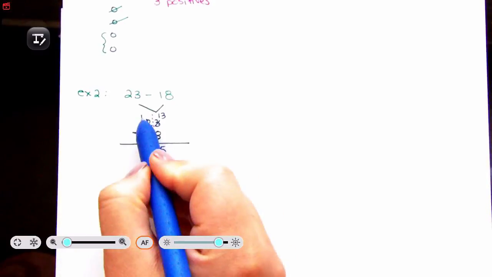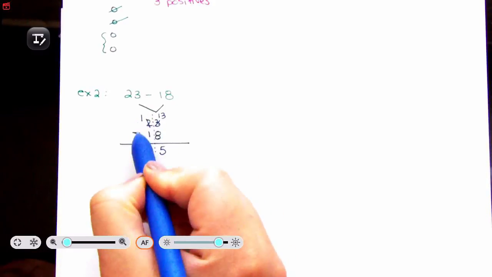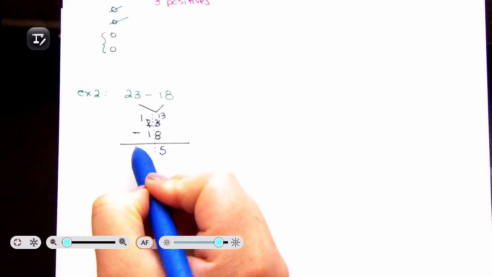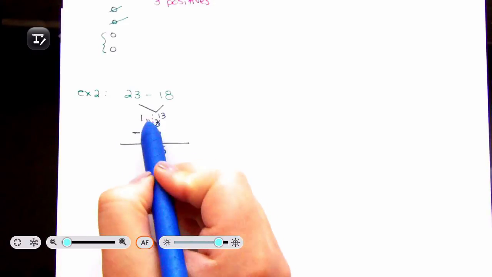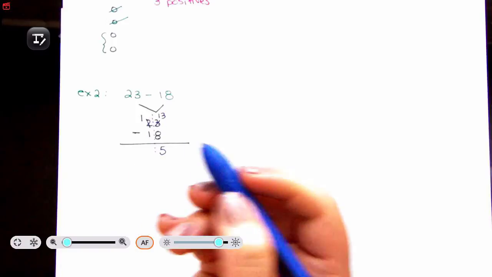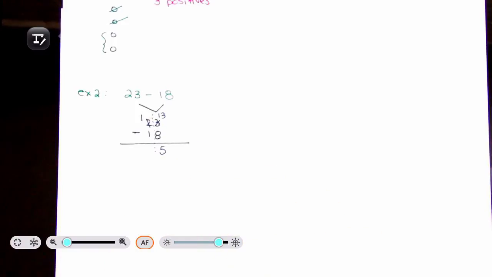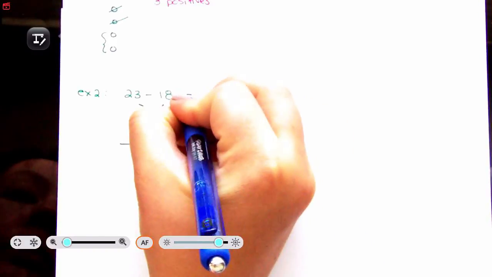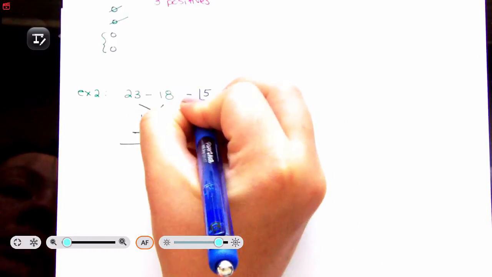Now in my tens place, I'm saying 1 take away 1. Yes, I have enough. So if I have 1 and I take away 1, done. So therefore, 23 minus 18 is 5.